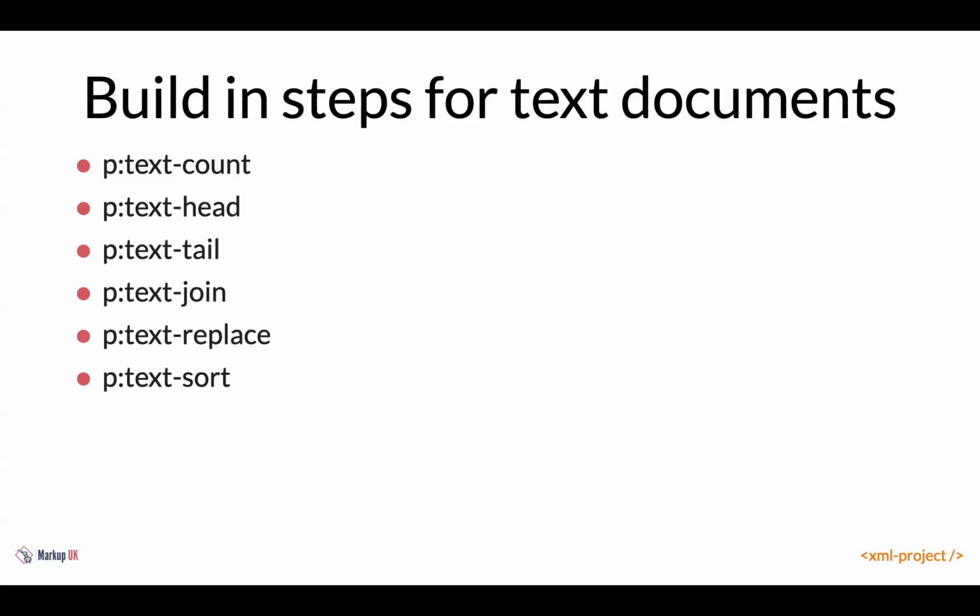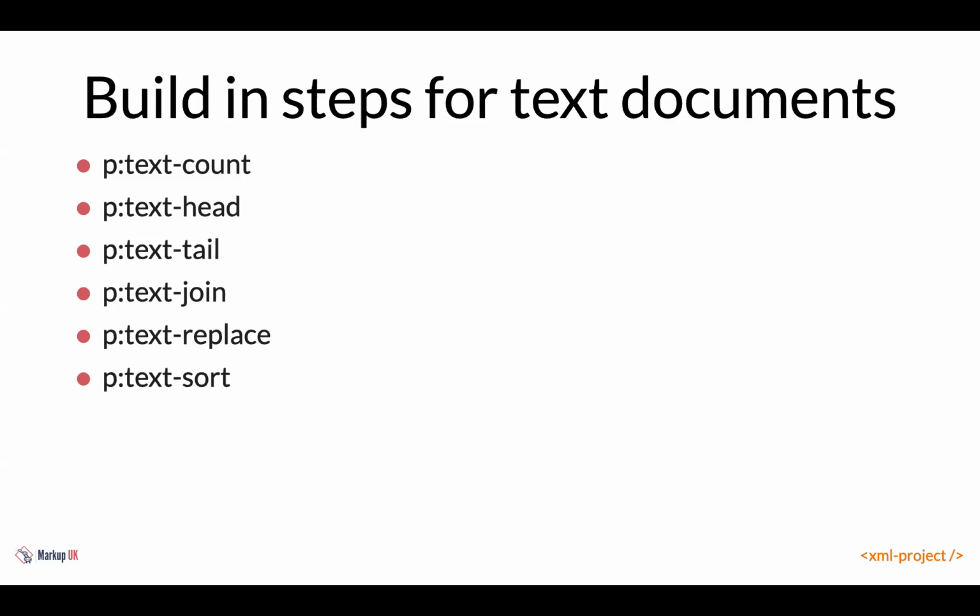Then we have text-head, which gives you the first n lines of a text document, where n is a parameter. text-tail gives you the last n lines. Text-join is nice because it takes a sequence of text documents on its source port and joins them together to one text document on the output port.